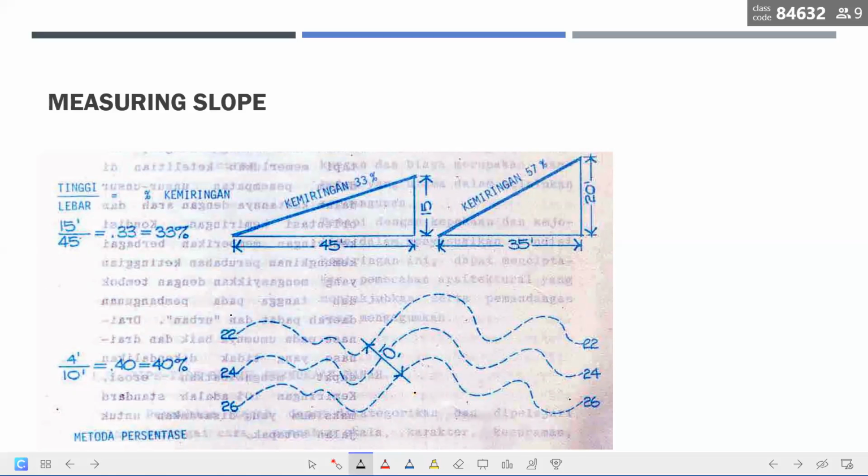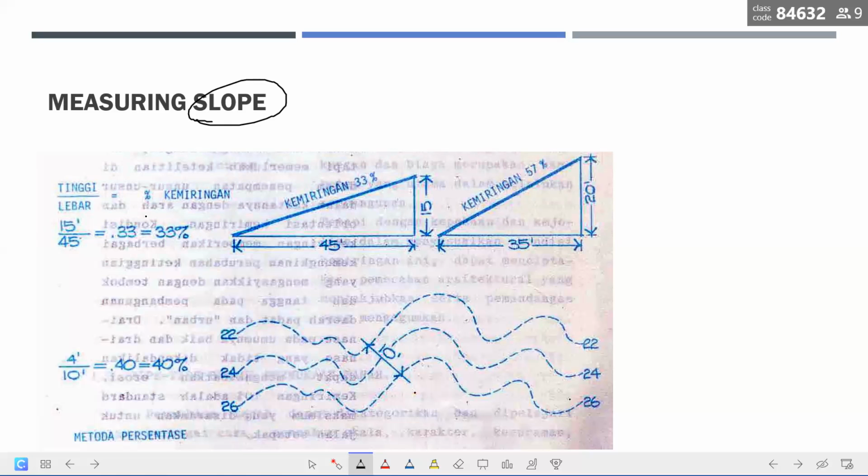Now, in the percentage method, you might be thinking, so it's actually the same thing. A grade and a slope is the same thing. Technically, they are the same thing. It's just different ways of expressing the slope.